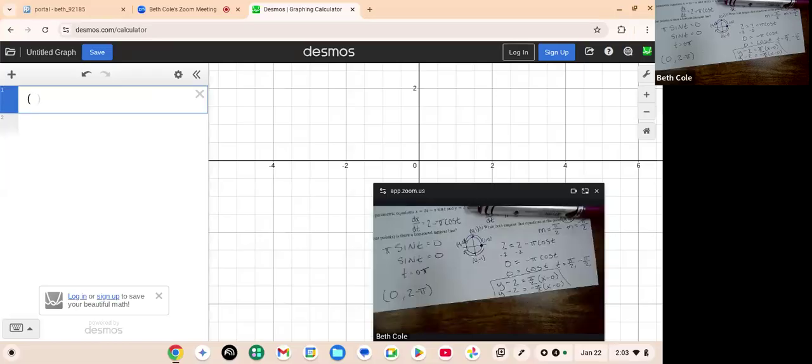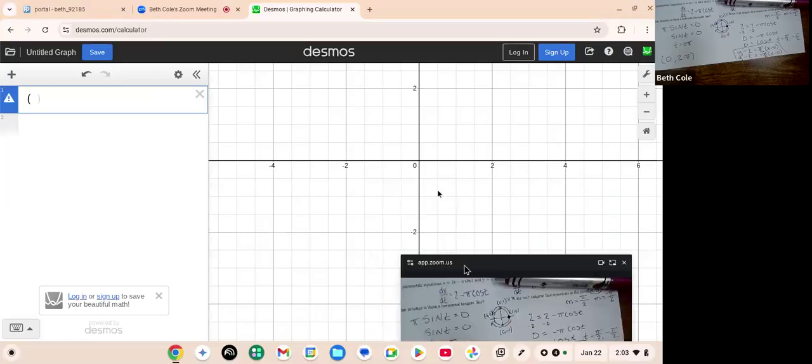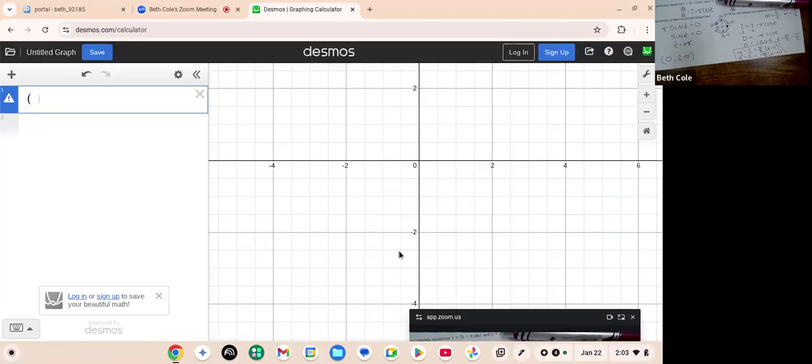All right. So when I come over here, the way that I type in my parametric equations is I'm going to almost make it like an ordered pair. So I'm going to have parentheses, and then what was my x equation? 2t minus... all right, so 2 sine t.